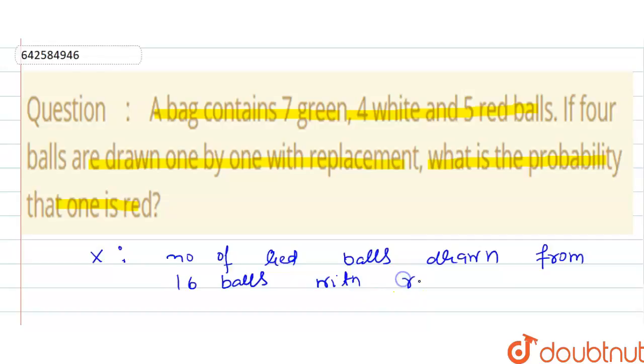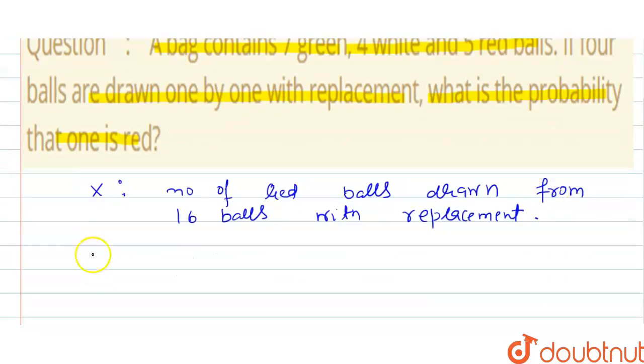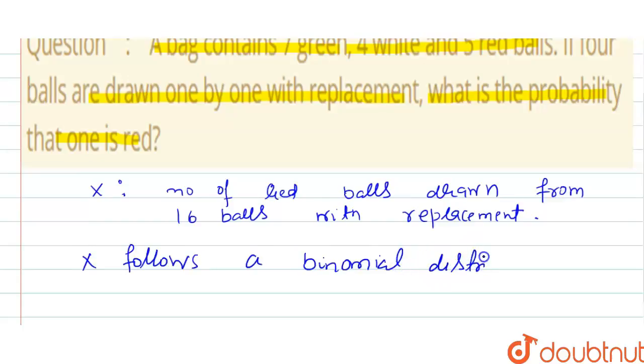There is a condition that is with replacement, and x follows a binomial distribution with n equal to 4.